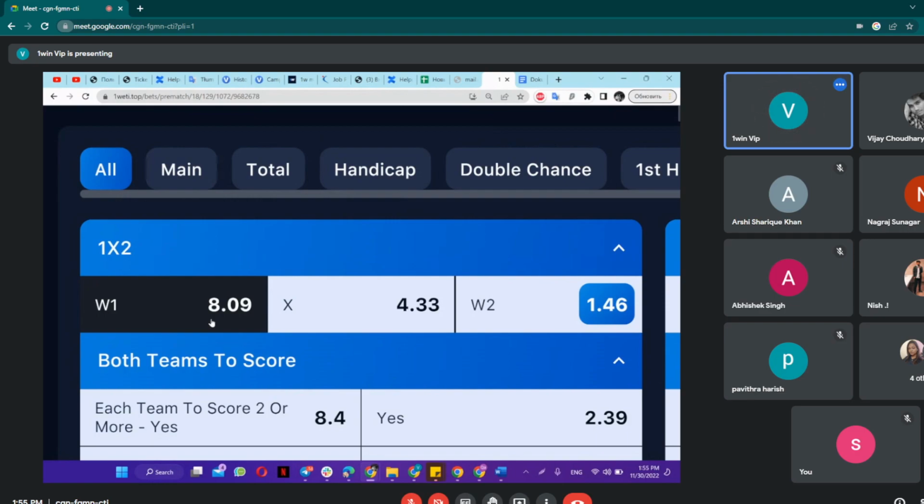Or for example, one goal was made by penalty, so the main time score will be 2-2, which is a draw, which is not winning of the first team. So we always need to check what is the main time score of the game.